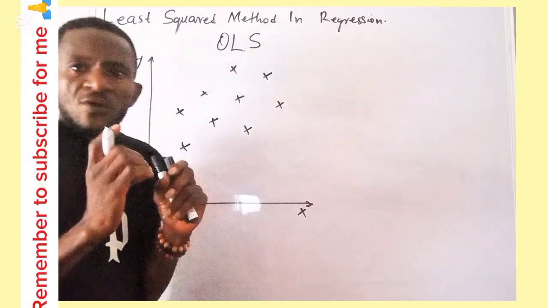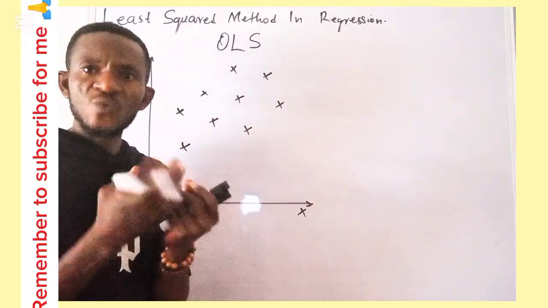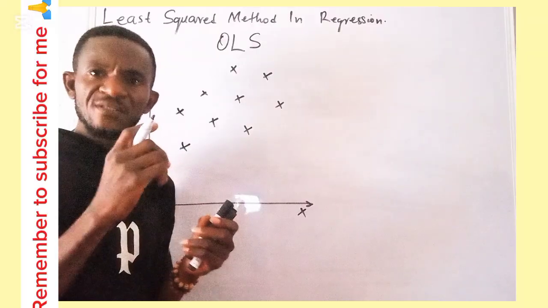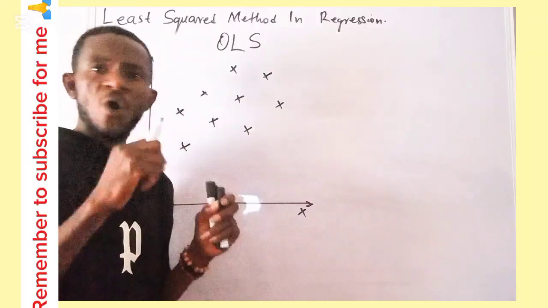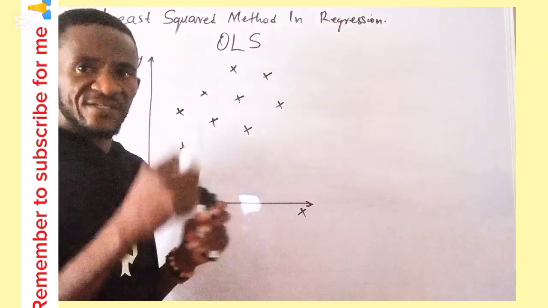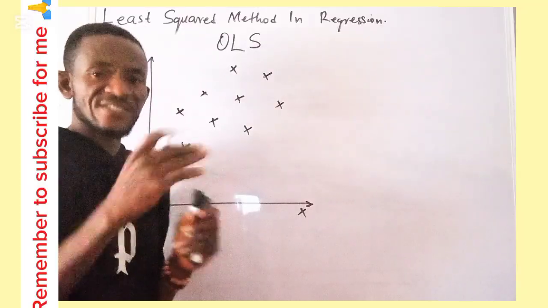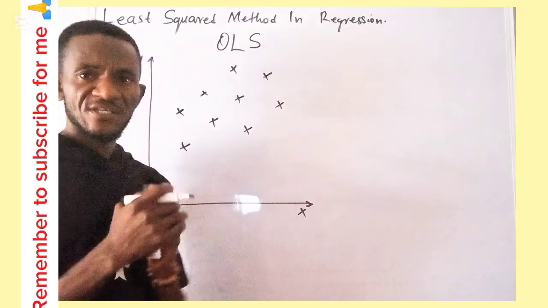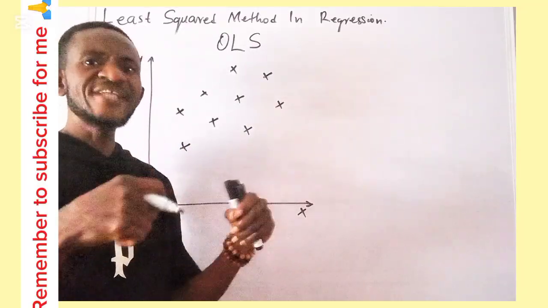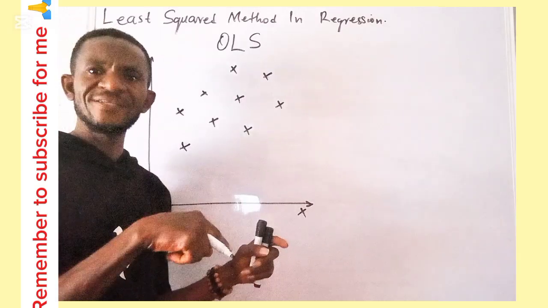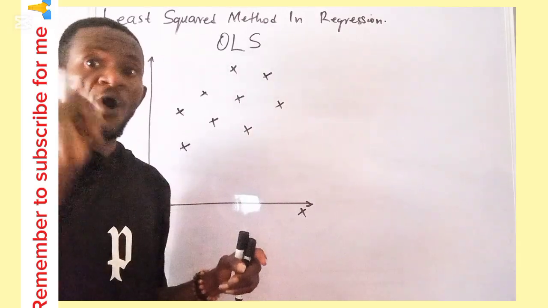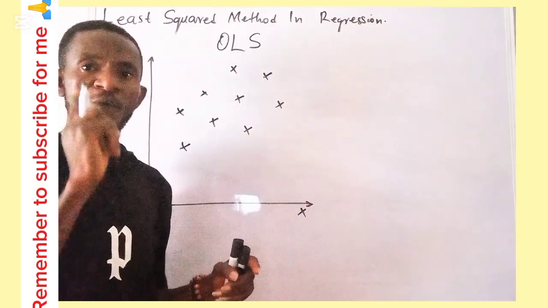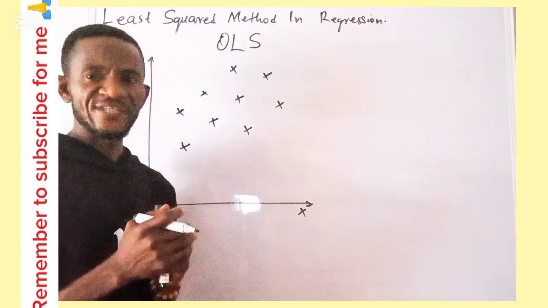The least square method approach is concerned with a way of fitting a regression curve or a regression line on a data set such that the sum of the squared deviation from that line is least, or is minimum, compared to other lines.